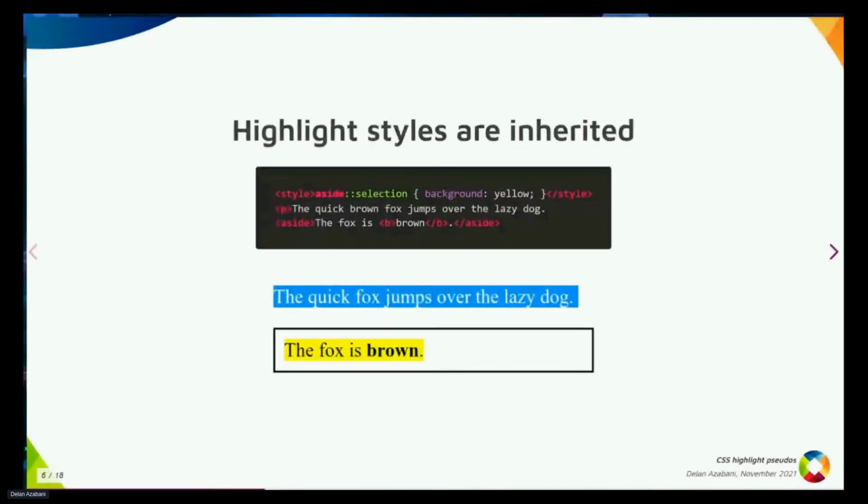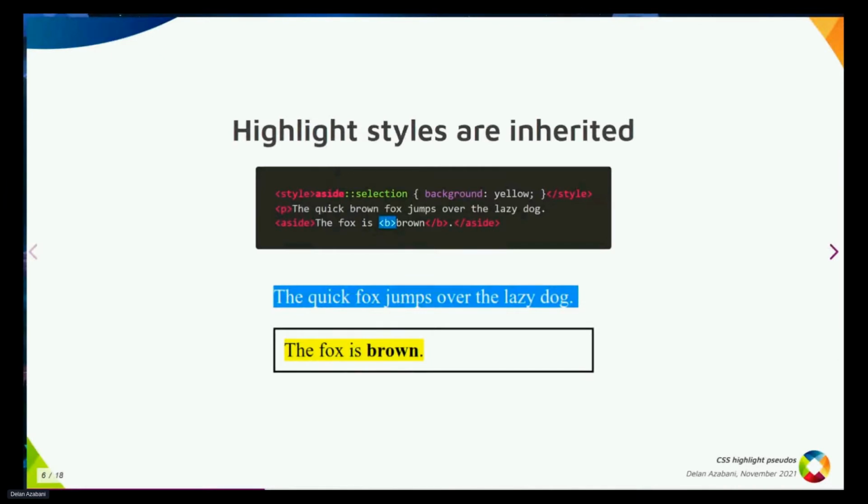One of the biggest changes under the new highlight model is that styles are inherited through each highlight tree. In this example, we have a rule saying that selections under the aside element should have a yellow background. We also have a B element here, or bold, and highlight inheritance means that that should be yellow as well.